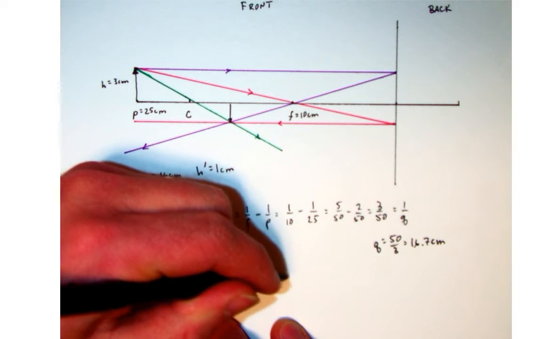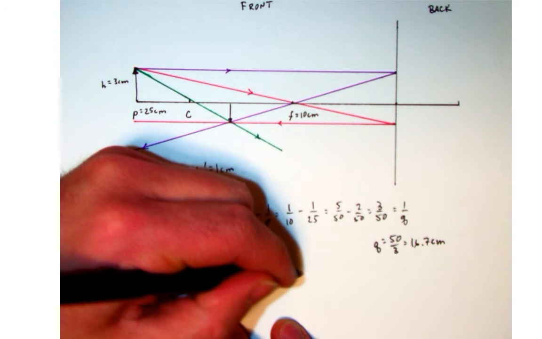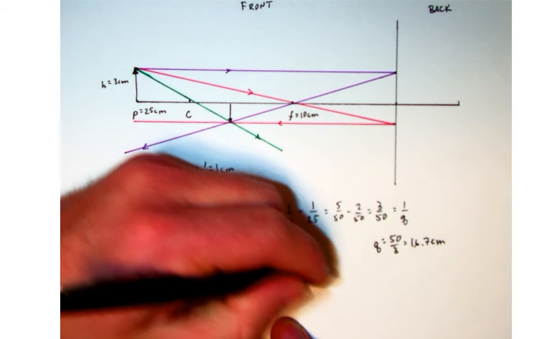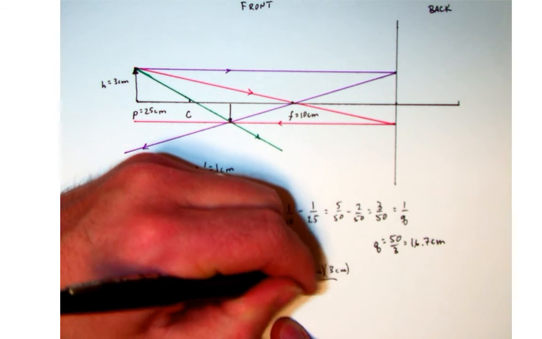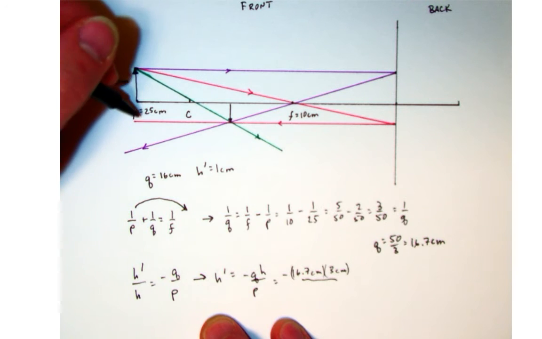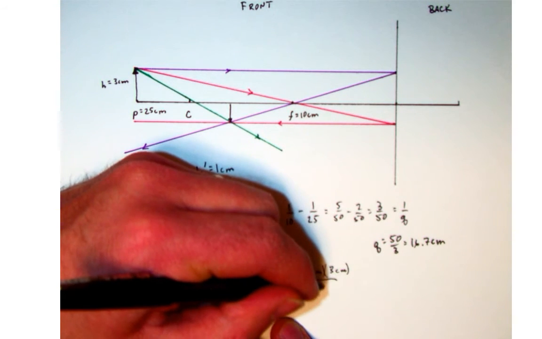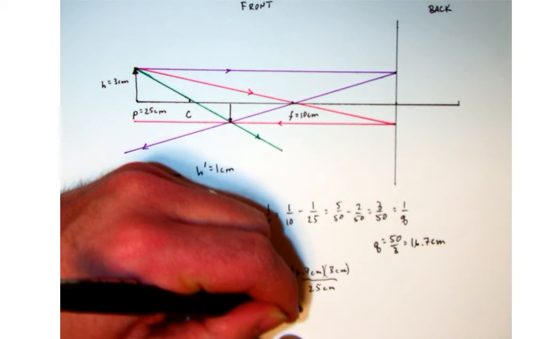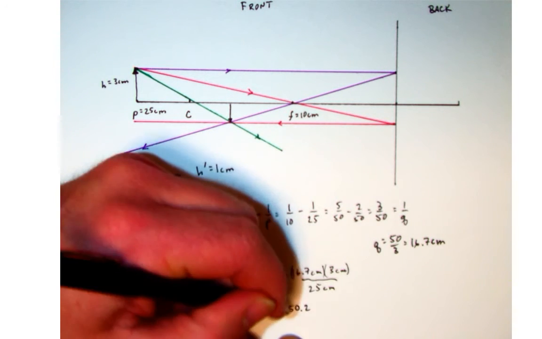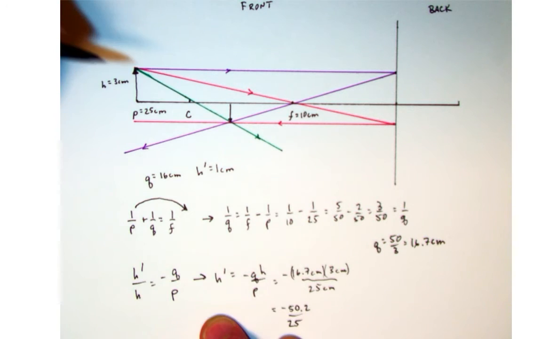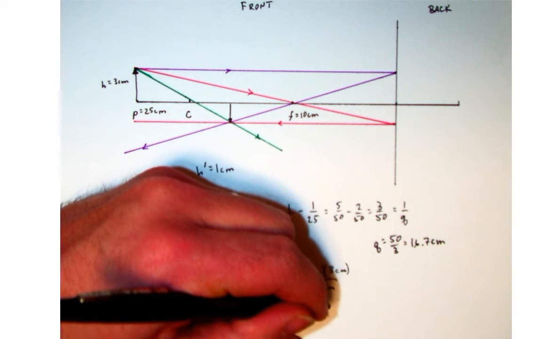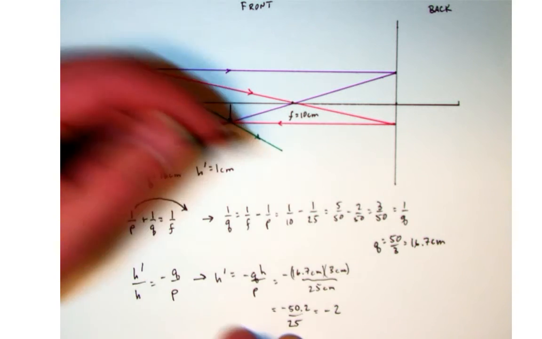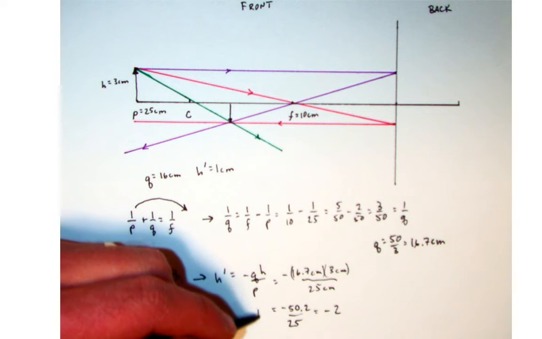So that's going to be negative 16.7 times the initial height, which was 3, divided by my object distance, 25. And I get negative 50.2 approximately divided by 25, and that equals approximately negative 2. Alright, so that is my h prime.